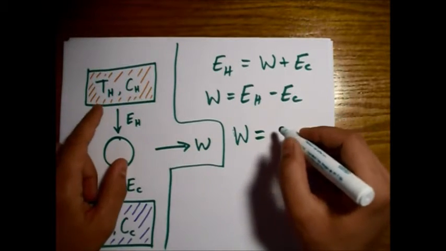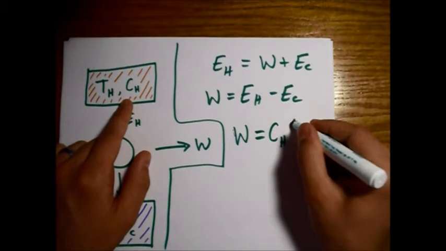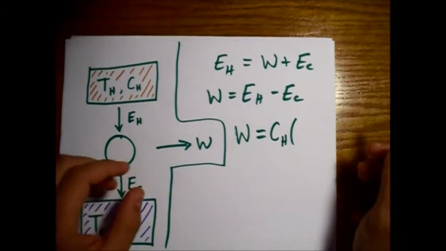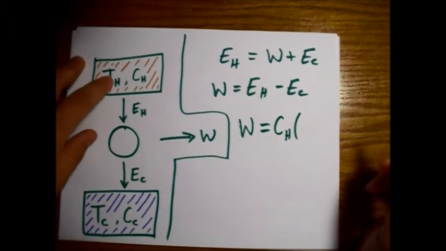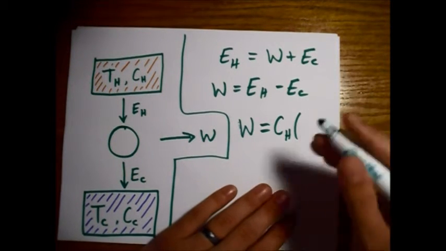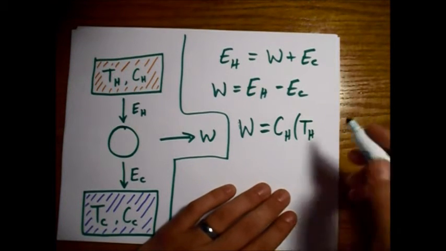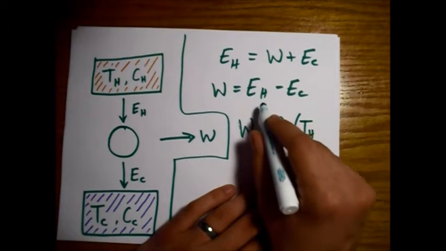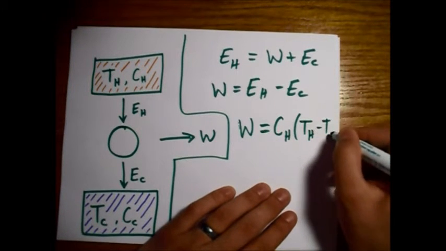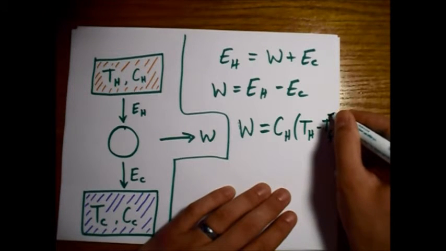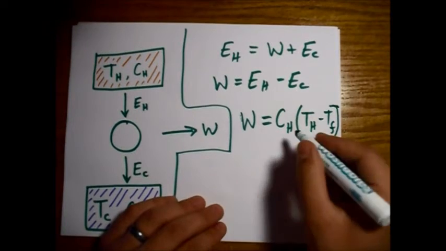EH, the heat capacity of this one is CH. And then the temperature difference, it's going to go from TH to TF. And TH is larger. We're just working in absolute magnitudes, so we want these numbers to be positive. So TH minus TF. We don't know what TF is yet. That's the main part of this problem that we'll have to solve.